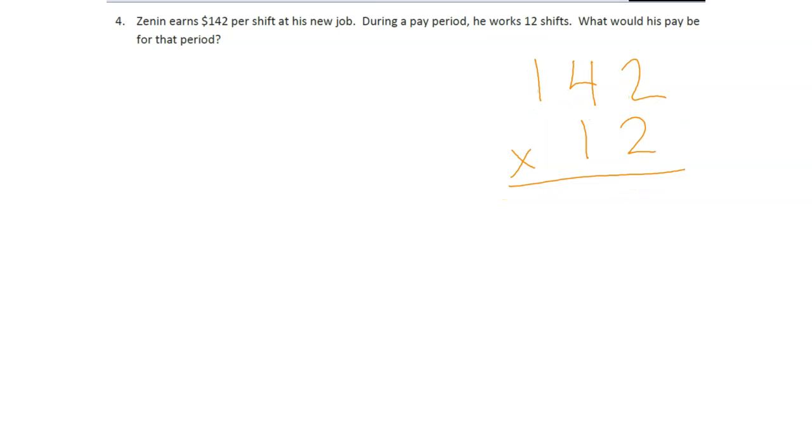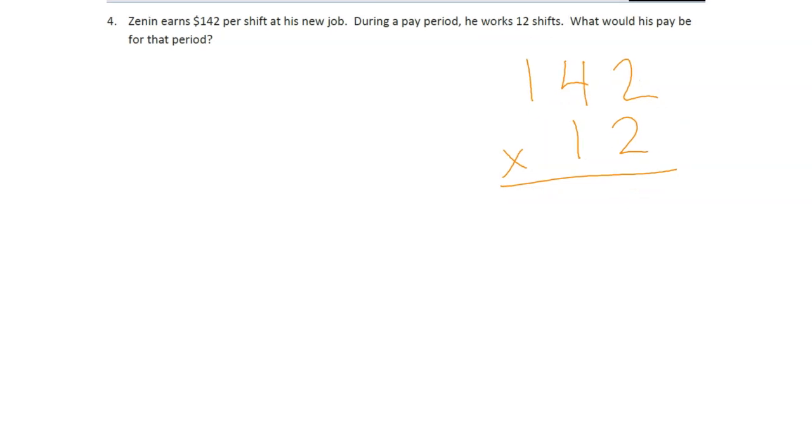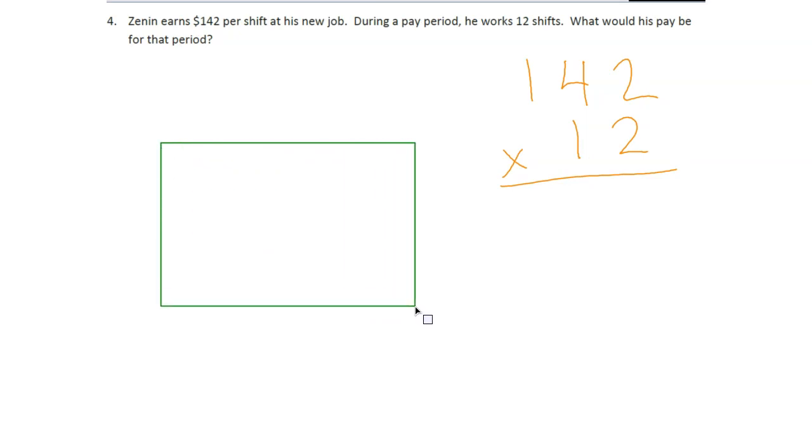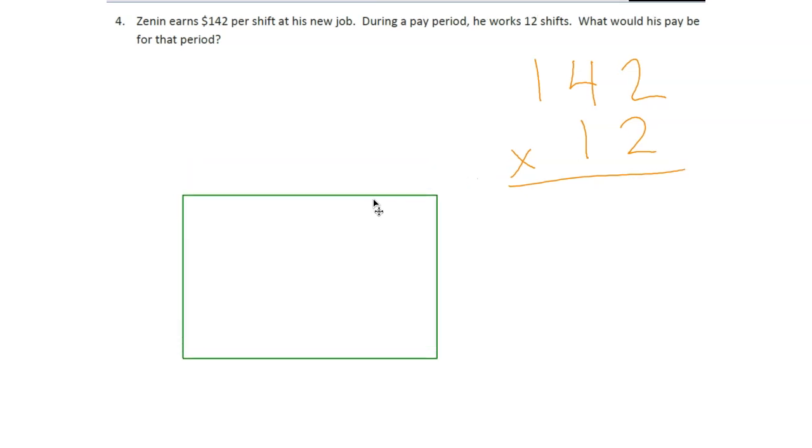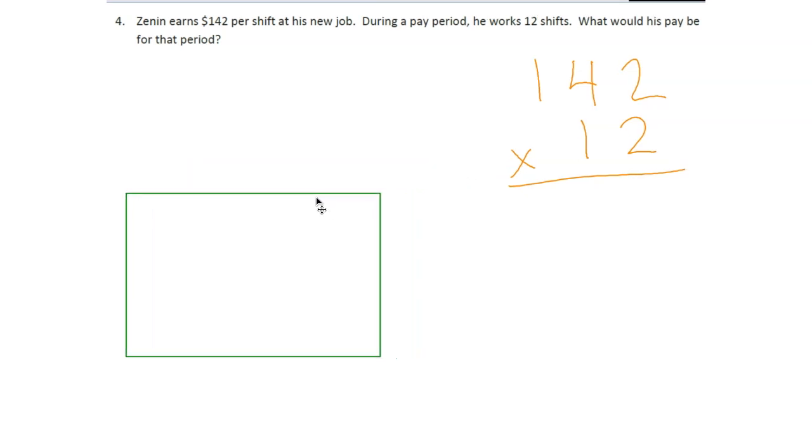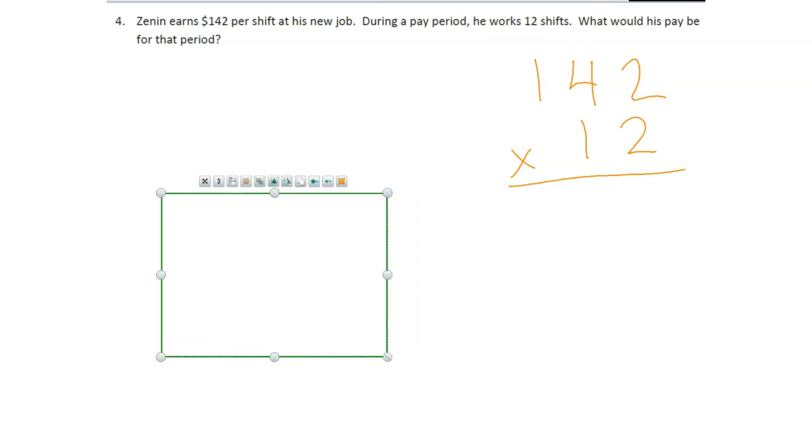For some reason I want to call it tape diagram. All right, so let's go ahead and take a look at our area model first. I'm going to move it down a little bit so it matches up with my partial products from the standard algorithm. All right, so we know he has 100 plus 40 plus 2.